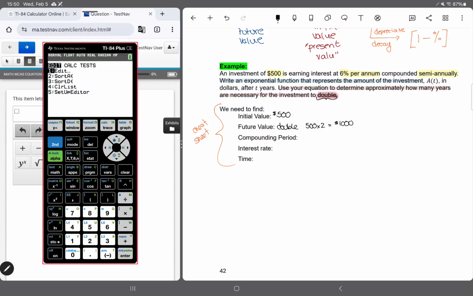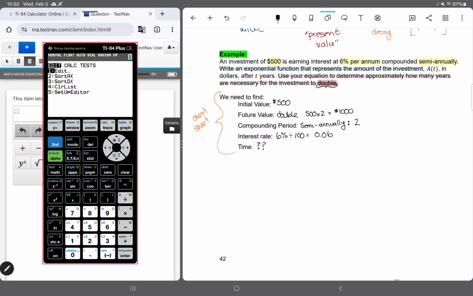My compounding period, it tells me we're compounded semi-annually, which means I get money twice a year. My interest rate is 6%. We always need that as a decimal, so we're going to divide it by 100, which is going to give me 0.06. And because I'm trying to figure out how many years, this is what I'm solving for.